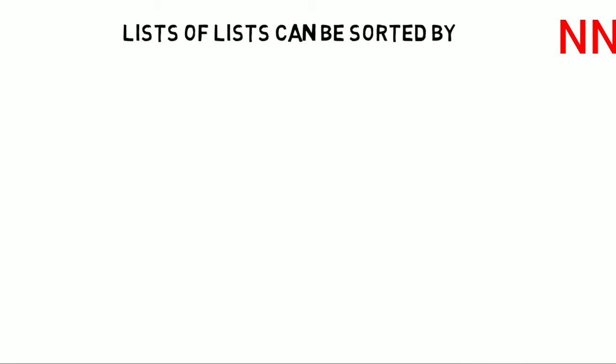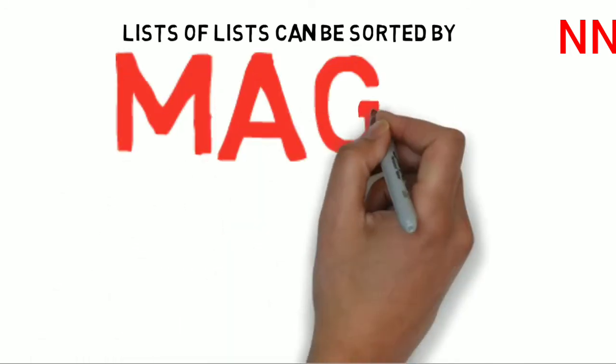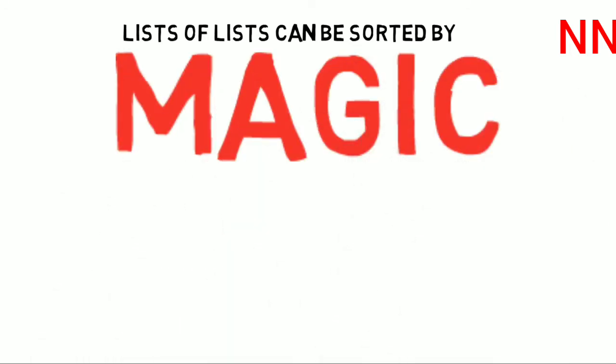What we are going to do is use a lambda function to sort a list of lists. It's like magic.